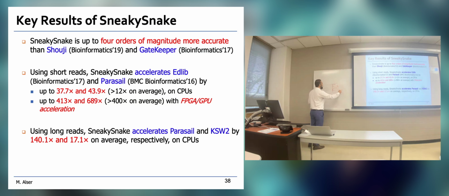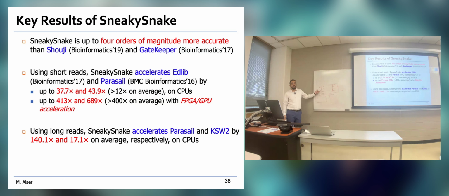We keep doing that. And this, apparently, as you can see, is the minimal data structure that we built out of the 3 algorithms, out of Sneaky Snake, Magnet, and Shouji. So in Magnet and Shouji, apparently you build the entire thing, the entire matrix. Either you build it horizontally as in Magnet, or in Shouji, you build those diagonals, right?